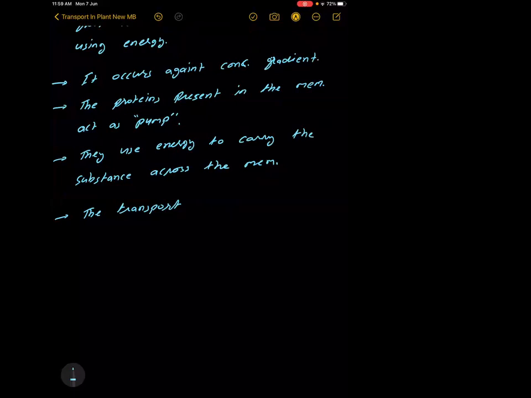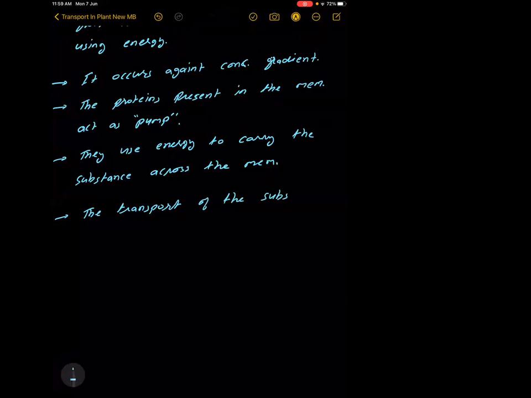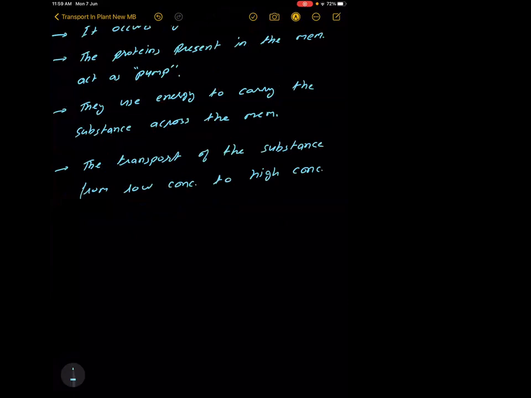This transport of the substance from low concentration to high concentration is called uphill transport.